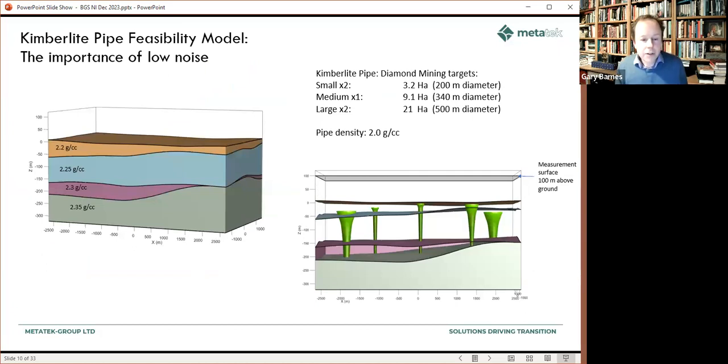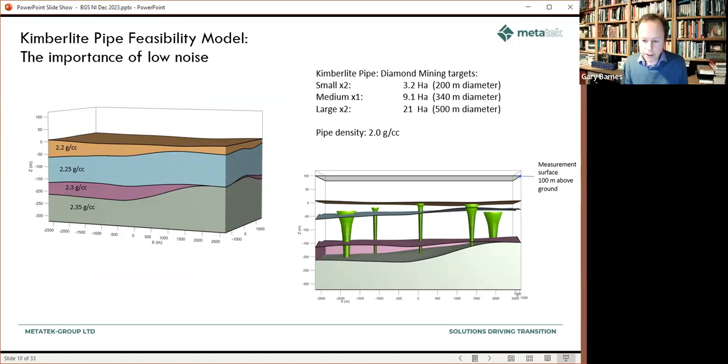So here's a fairly simple, what we call a feasibility model. We always do one of these before we start a survey to get an idea of the type of signals that we might be expecting during a survey. And we use these to plan also what line spacing the survey should be acquired at.